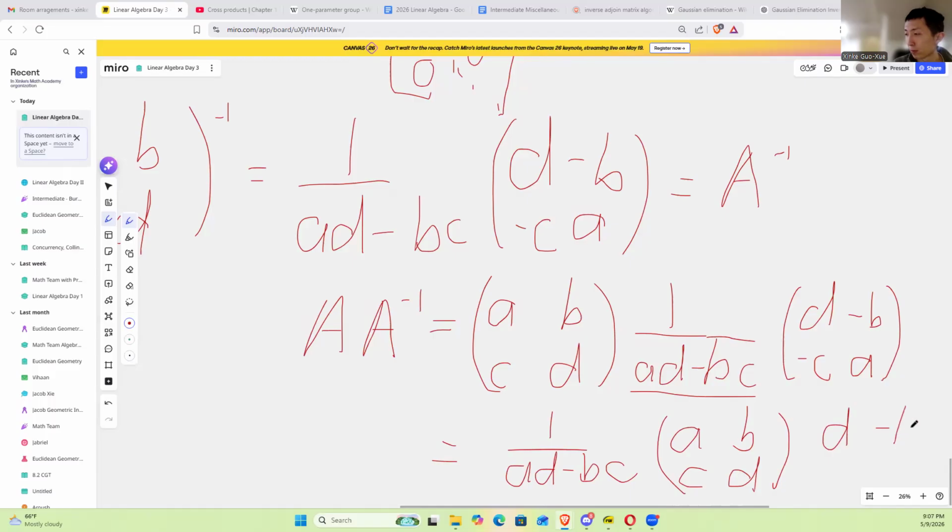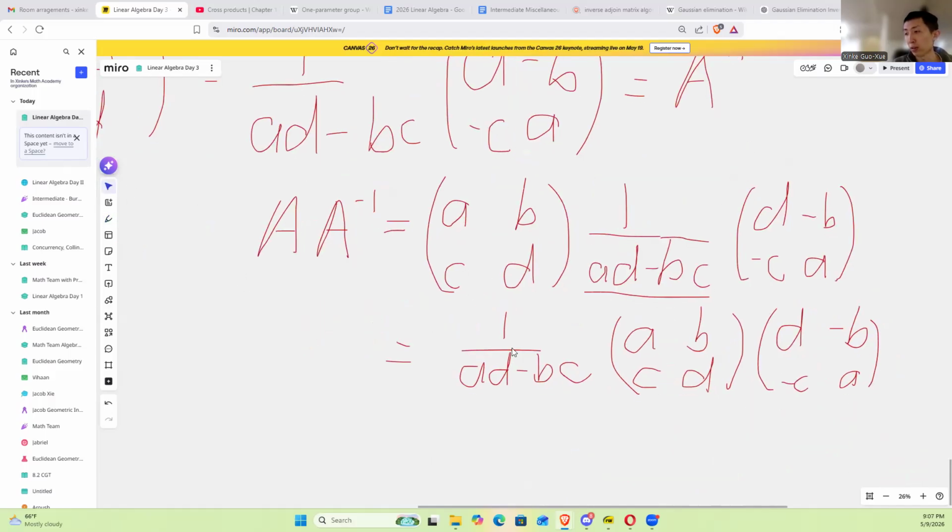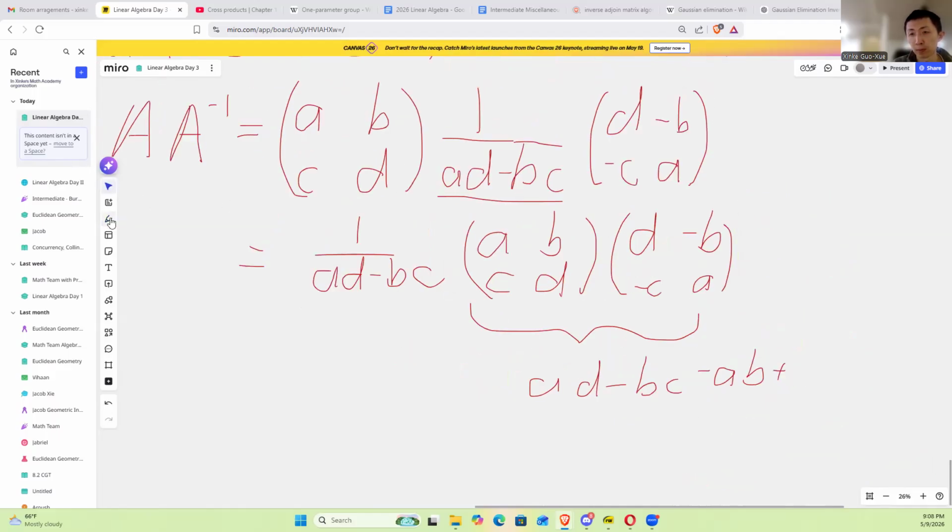Now this part is AD minus BC, negative AB plus AB, CD minus CD, and negative BC plus AD.